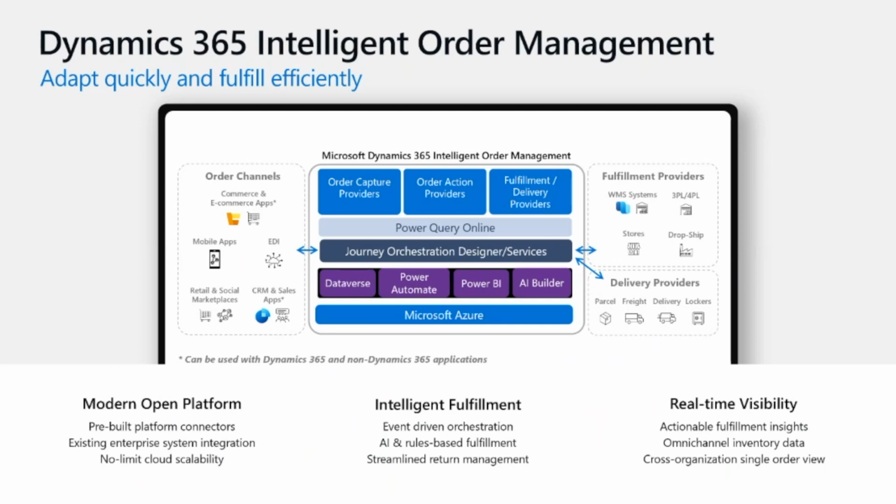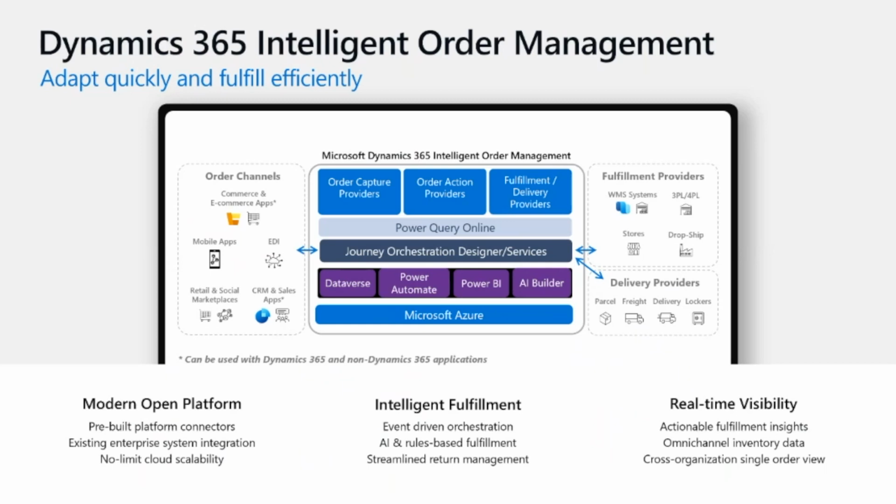So first thing it has is an order capture provider. As you bring in orders from different sources, Microsoft is working with different providers to have out-of-box connections available to bring in the orders from different sources. And then as the order processes through the order journey, for example, you may have tax validation or other kinds of validation.